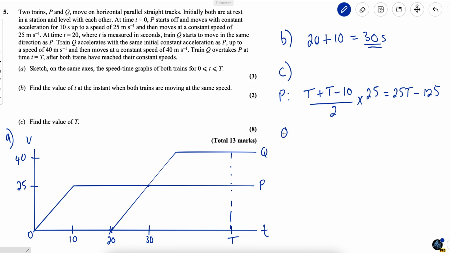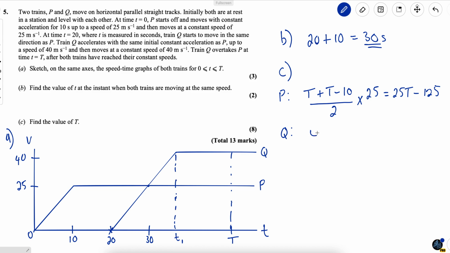For Q, in order to work out the area of the trapezium, I have the base of the trapezium, but I don't know this height here, this length here. So I need to find the time here. Let's just call this T1. I know that the height here is 40, and I know what the acceleration is. The acceleration is the gradient of this line, and the gradient of this line is 40 divided by this length here, rise over run.